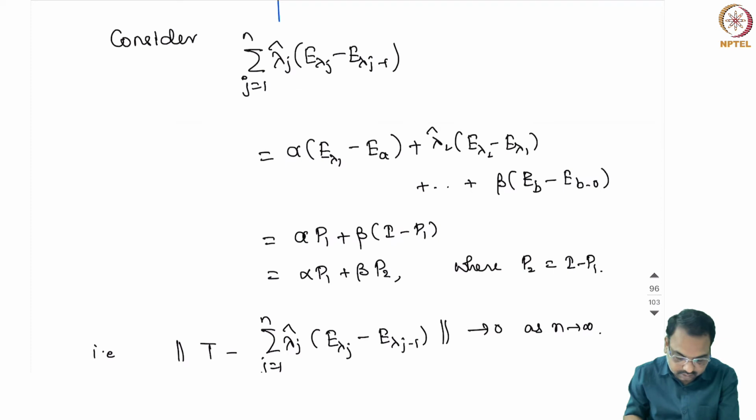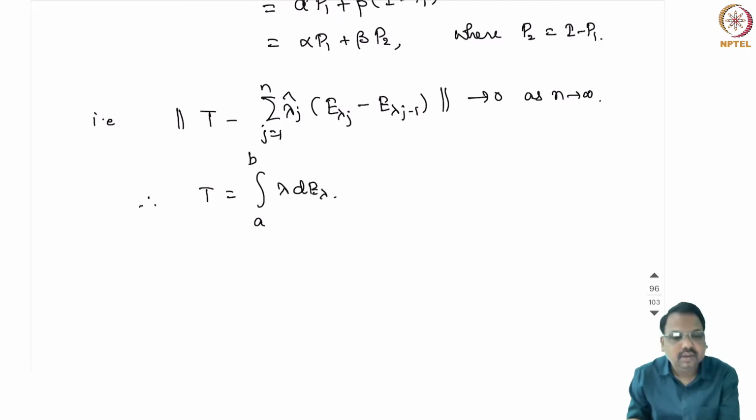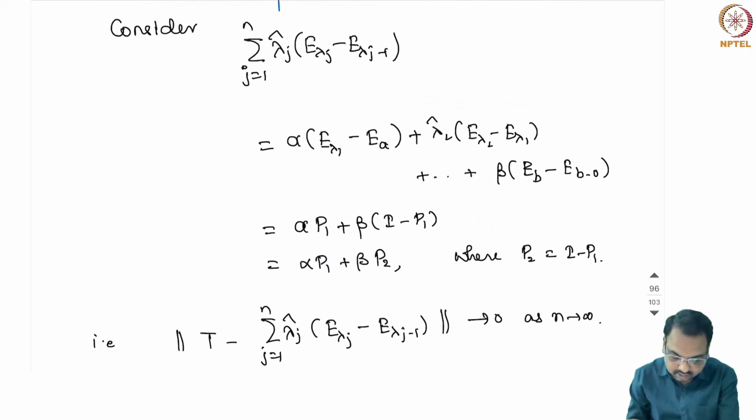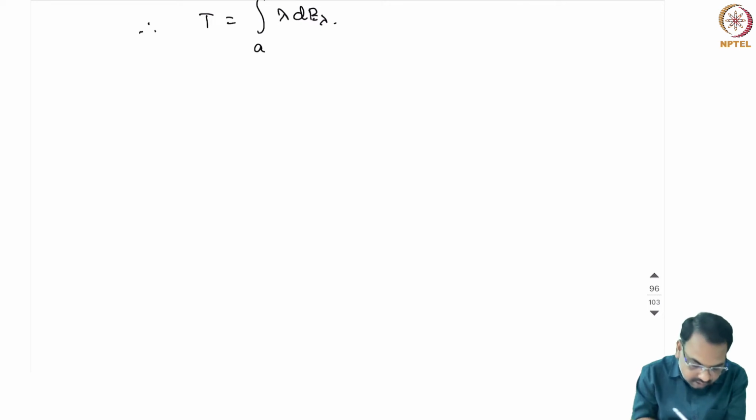Therefore we can say that T is nothing but the integral from a to b of lambda d E lambda. So we got this as alpha P1 plus beta P2. Okay, let us look at one more example.